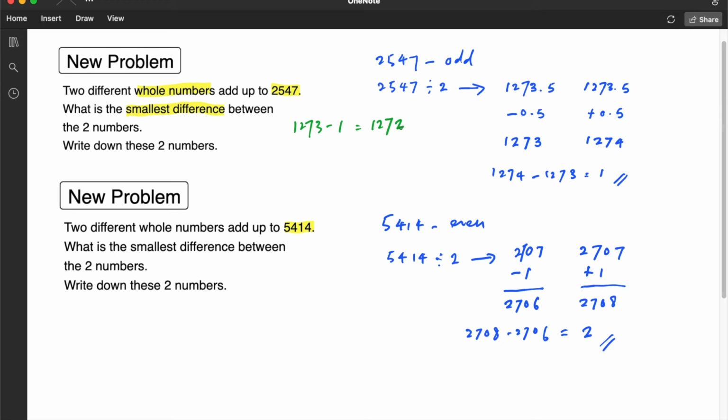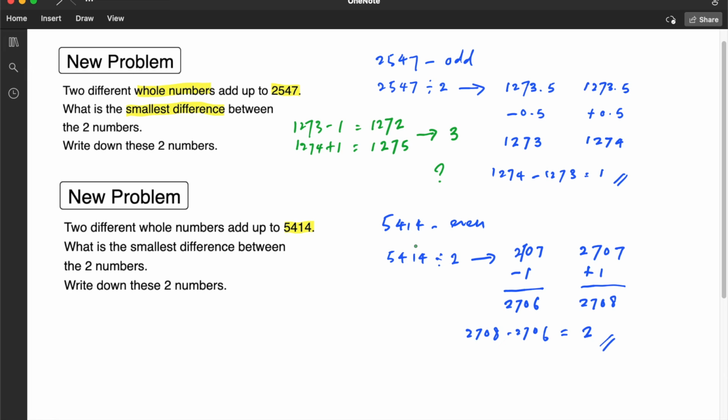In order for the two numbers to add up to 2547, we have to add 1 to the other number. So we're going to get 1275. What is the difference between these two numbers? It will be 3. So the smallest difference is 1, the next smallest is 3. Do you think you can guess what will be the next smallest number? Go and explore for yourself.